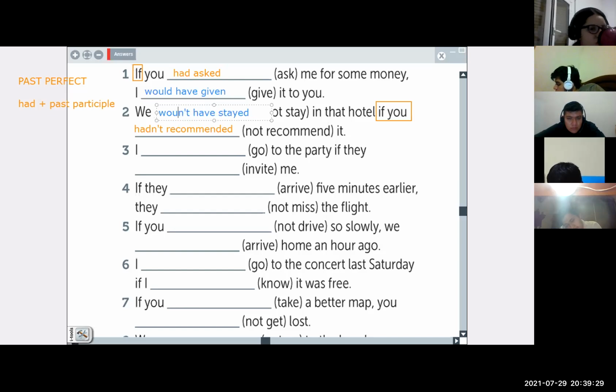Recuerde que no importa que si la if clause está al final, usted igual debe utilizar el past perfect para la if clause. ¿Ok? ¿Cómo sería entonces todo el ejemplo ya completo? ¿Puede leerlo? We wouldn't have stayed in that hotel if you hadn't recommended it. Ok. ¿Cómo sería en español? No nos hubiéramos quedado en ese hotel si no nos lo hubieras recomendado. Very good. Okay. Let's go to the next one, please.